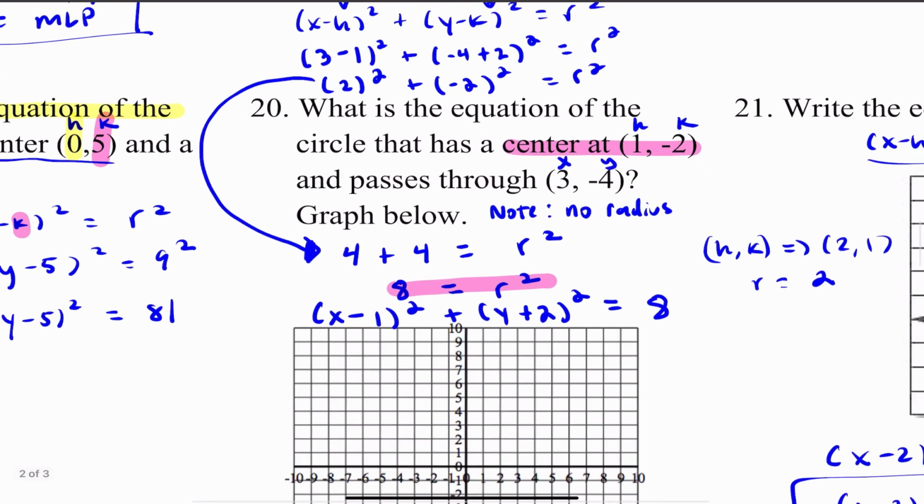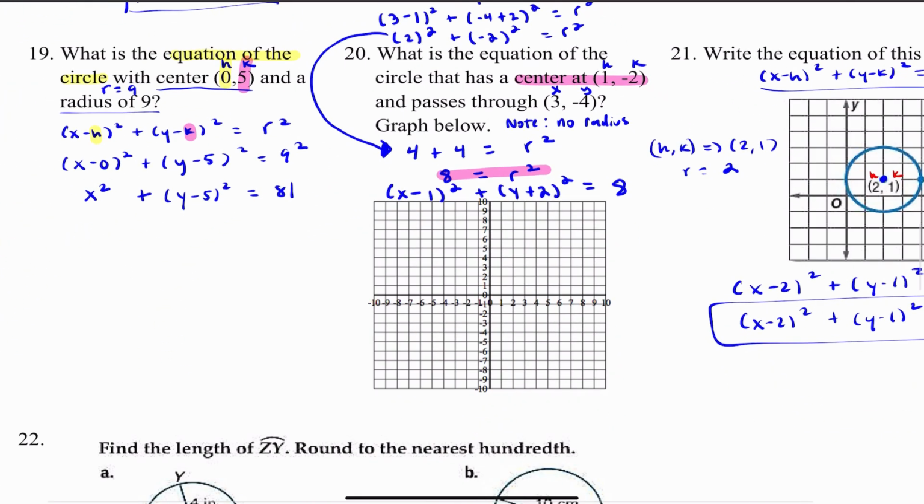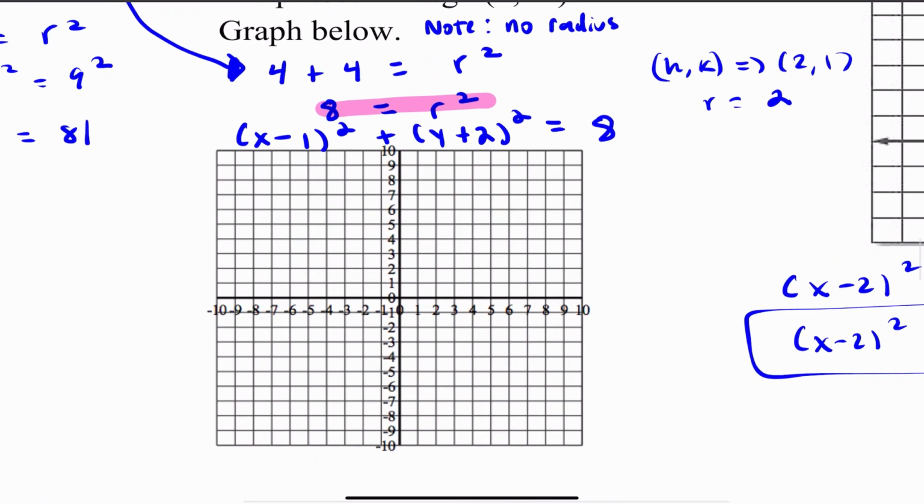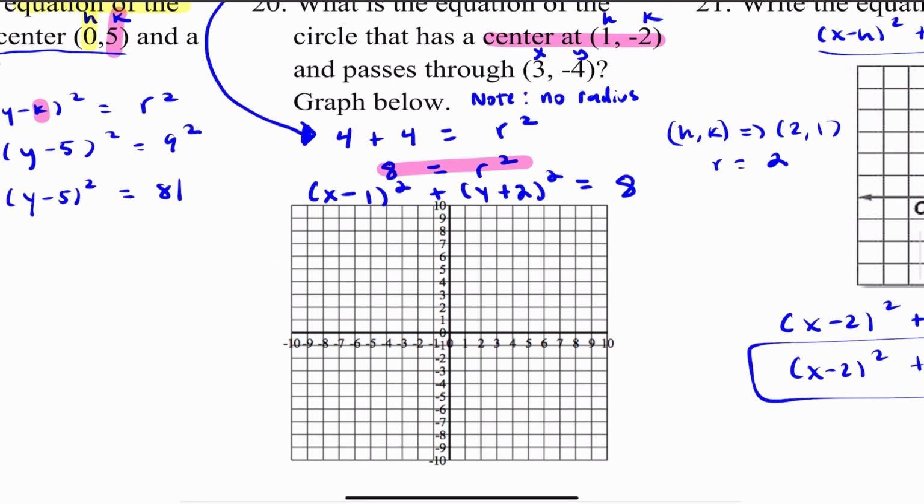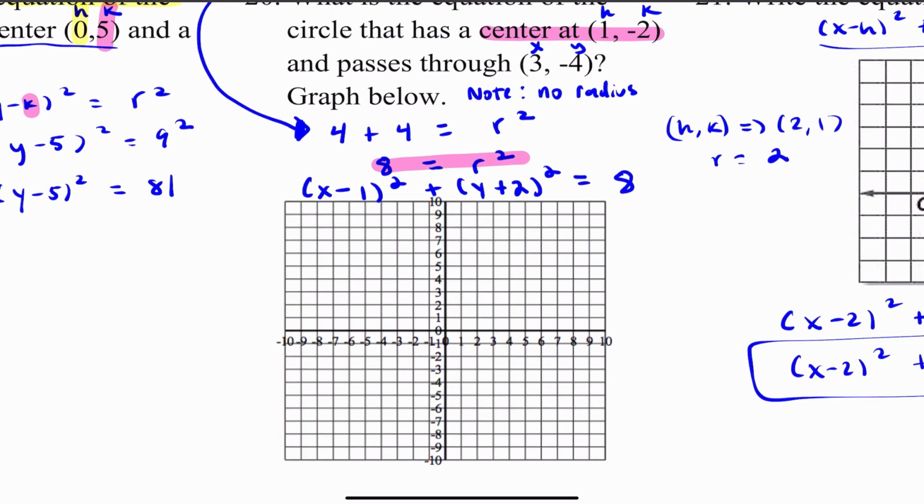Alright, so we're going to go ahead and graph the circle. The center point is 1, -2, which is right here. And currently we need to have the radius, right?